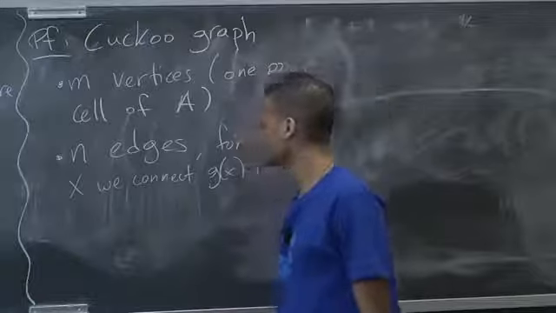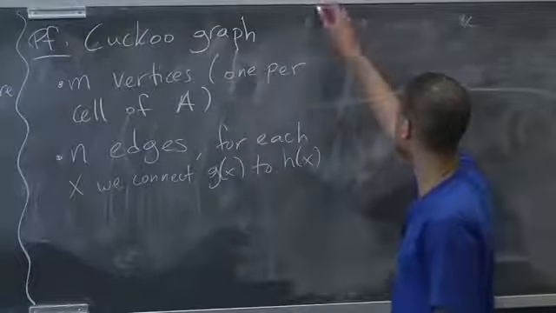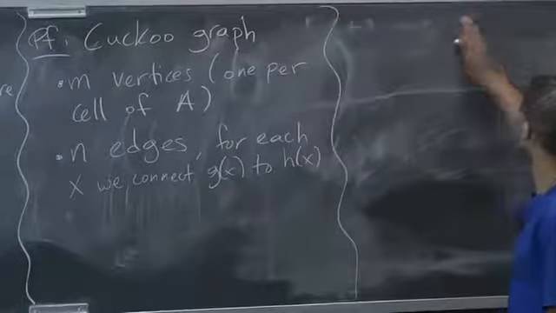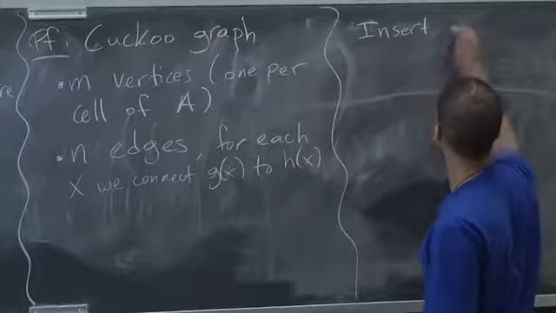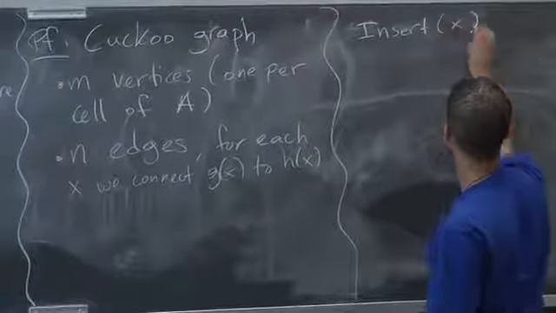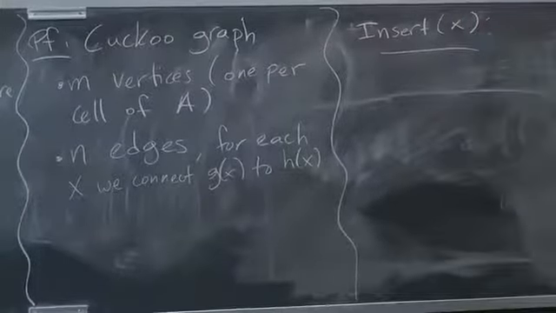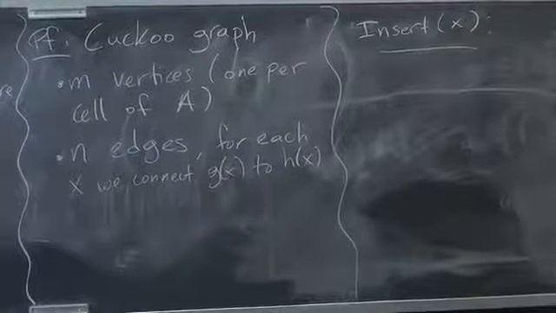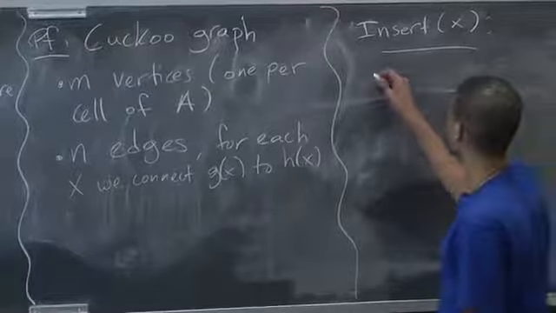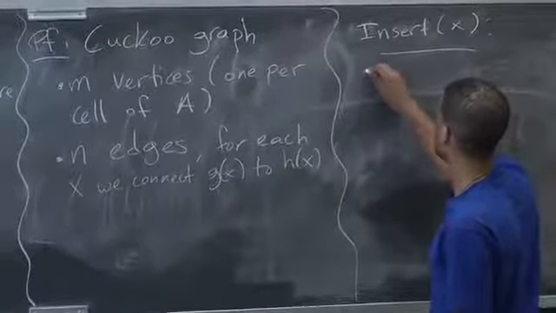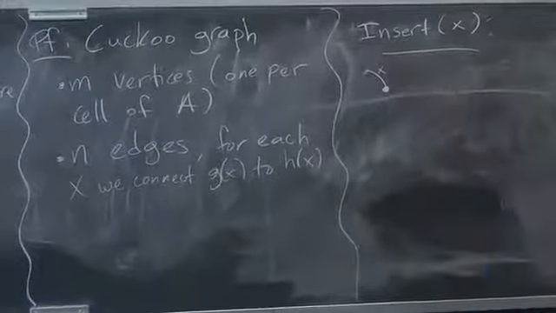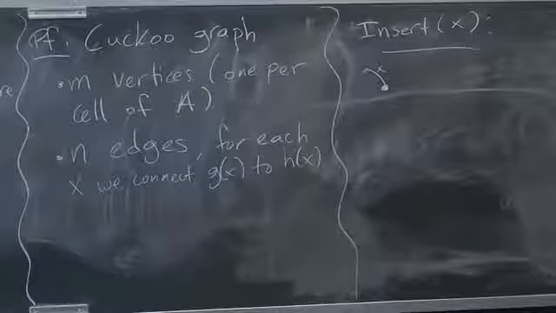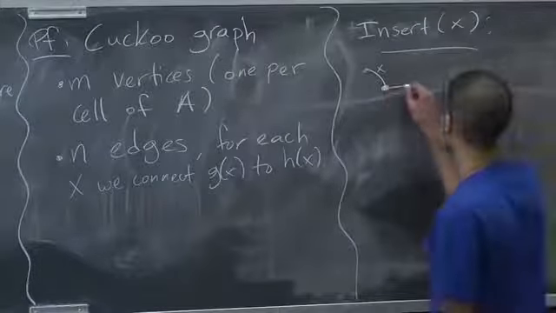Okay, so what happens when we try to do an insert? Let's say we try to insert some x. It could happen that this value x comes in, that's g of x, and an item already lives there, and then we have to kick it out.